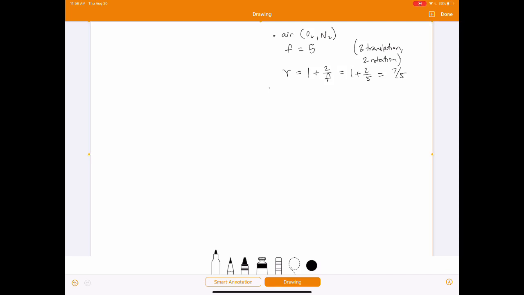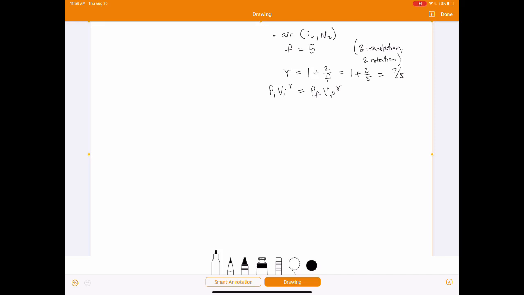Since what we want here is a relationship between pressure and volume to start off, we'll go back to P initial times V initial to the gamma equals P final times V final to the gamma, because what we're going to get is the final volume. That's what we're going to solve for.